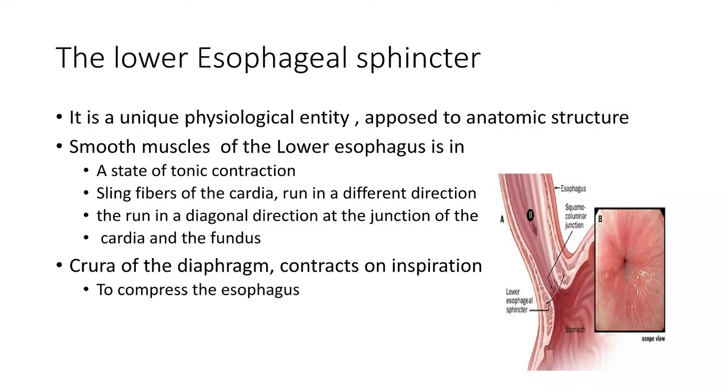Also, the fact that we have a length of about 2 or 3 centimeters of the lower esophagus in the abdomen makes it compressible by the intra-abdominal pressure. These mechanisms are the things that constitute the lower esophageal sphincter.